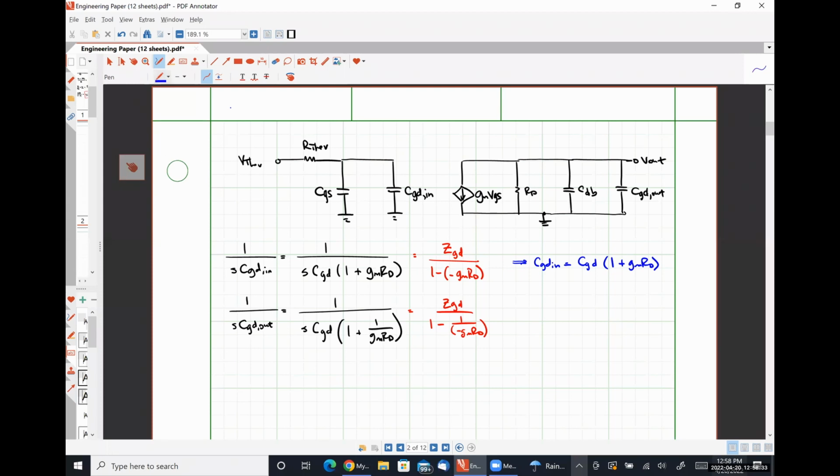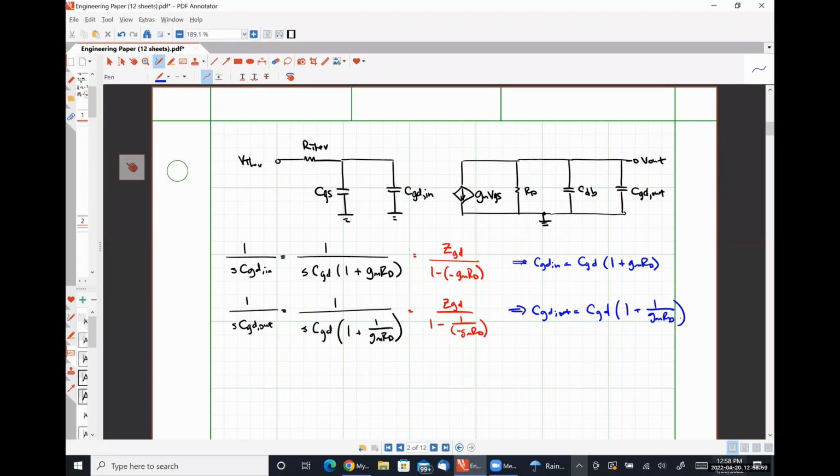And therefore, CGD out is simply CGD times 1 plus 1 over GMRD. So we're scaling that capacitance as well, but it's being scaled by a very small number, right?